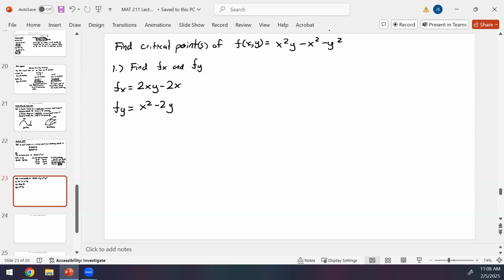And often you'll see with a lot of these problems there's some kind of symmetry. That's just how they usually pick out the problems. Step 2, you're going to set each of the partial derivatives equal to 0. So we get fx equal to 0, which means 2xy minus 2x equals 0. fy equals 0, so x squared minus 2y equals 0.